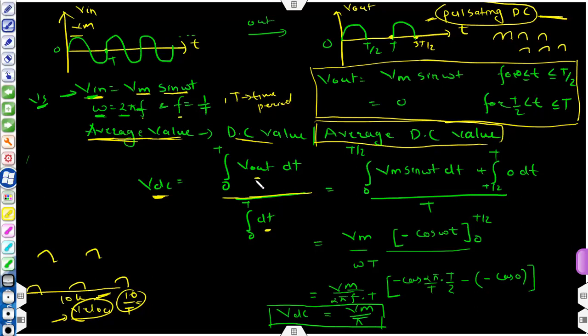Now for one time period, V out is equal to Vm sin omega t for 0 to T by 2, and it is 0 for T by 2 to T.